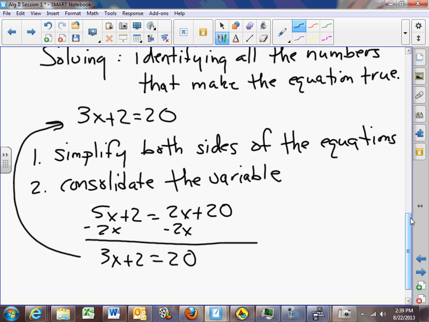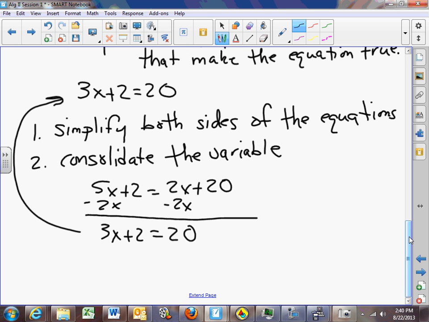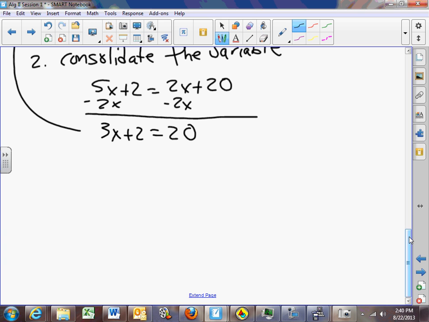Now, after you've done 1 and 2, you should have, if it's a linear equation, that's an equation where the variable has only a 1 as the exponent, something times x plus something or minus something equals a number. At that point, we're going to go through a method that would just be called solving the equation, but I'd like to talk to you a little bit first about how we think of this.